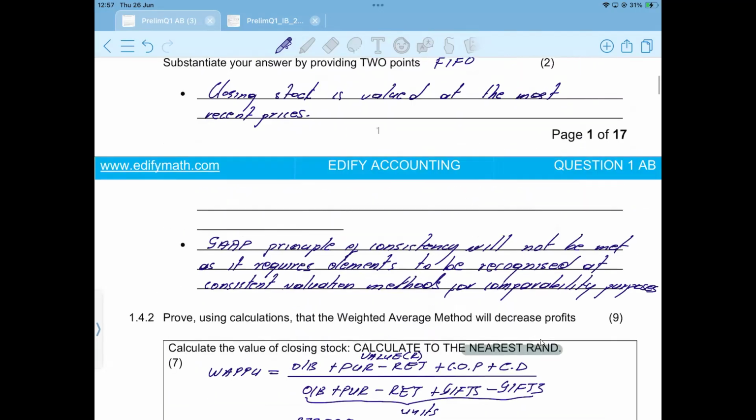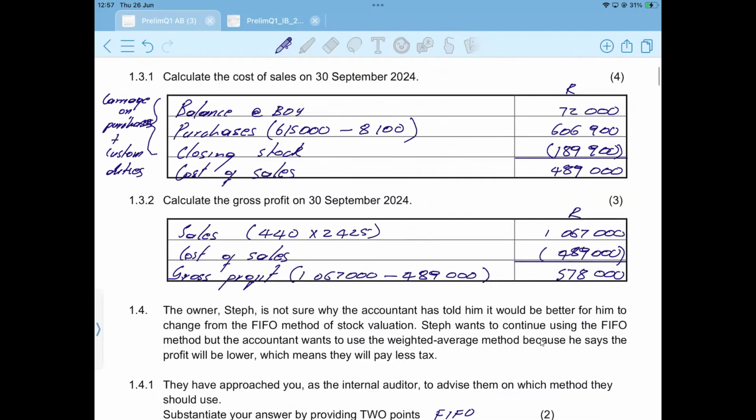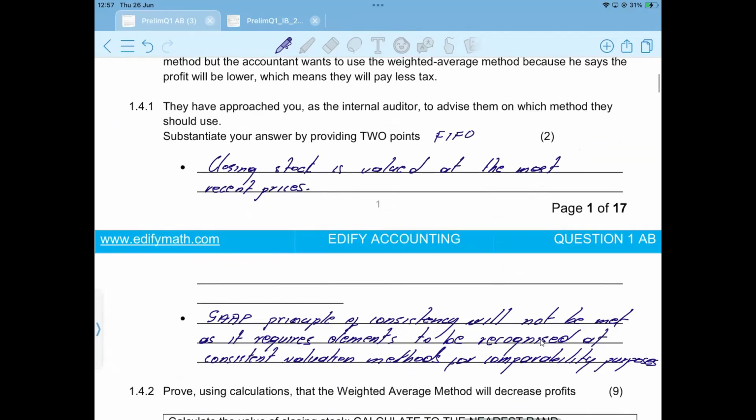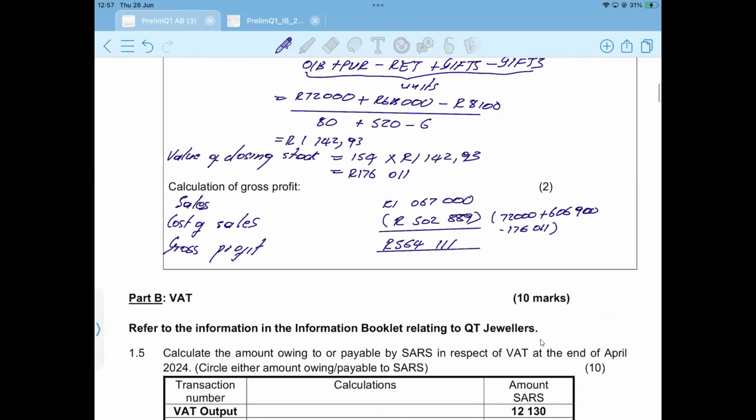And this side, the profit was 178. So we can safely say we have proved that the profits have decreased.